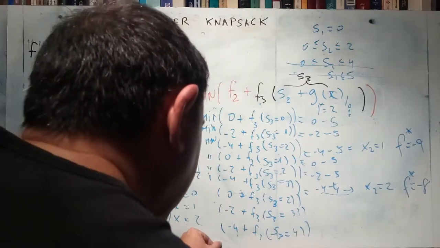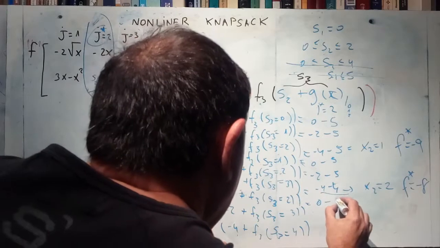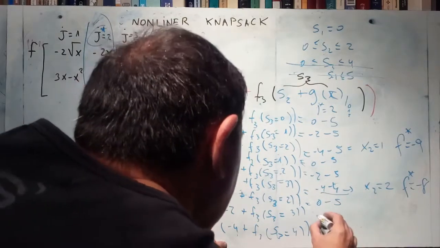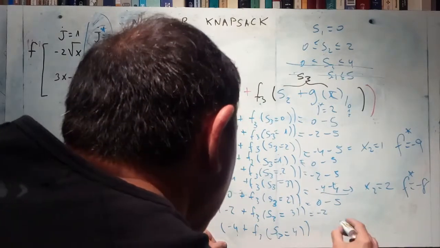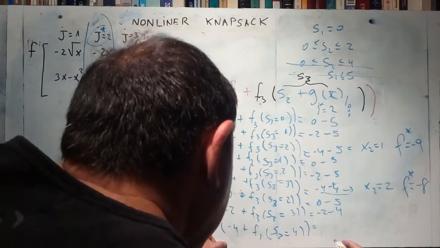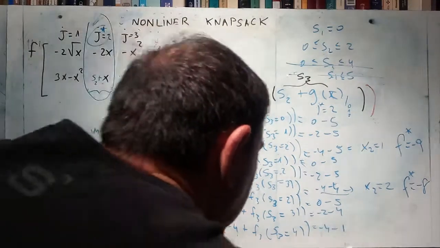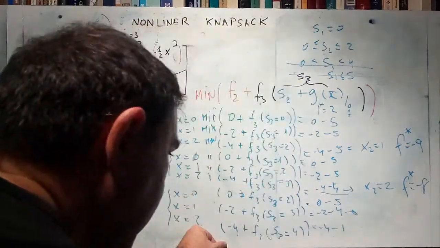Okay, so this is giving us 0, minus 5, minus 2, minus 4, and minus 4, minus 1. So the minimum lies in the middle.